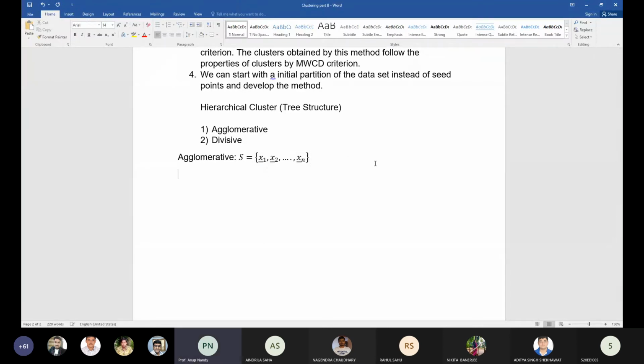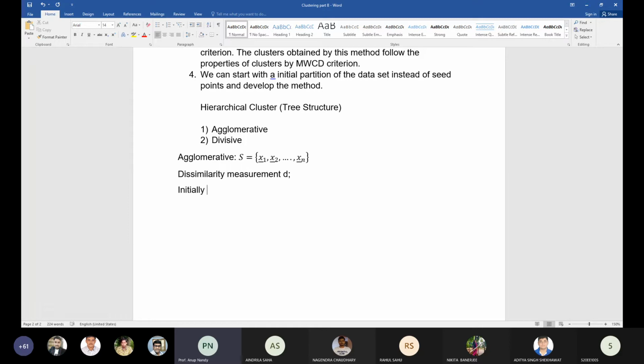Now you have to do the dissimilarity measurement, that is D. Initially, how are we going to do this?